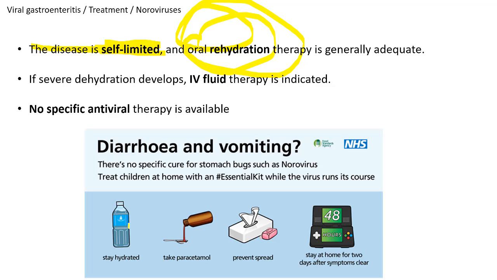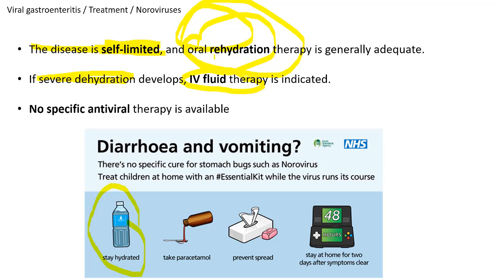You need to hydrate the patient, as we see in the graph here. And if the patient keeps vomiting, for example, if it's a child and they keep vomiting, then oral rehydration might not be enough. And if you fear severe dehydration, then you should give IV fluids.